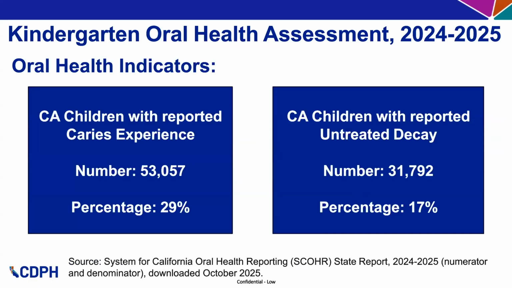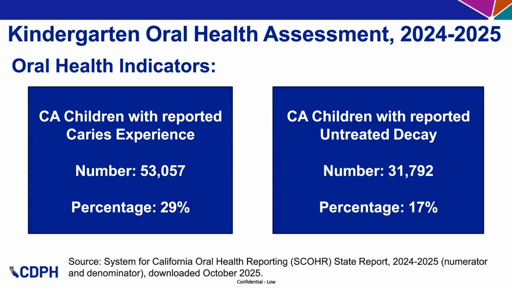Thank you very much. So this next slide again provides a snapshot of the most recently reported data focusing on the two oral health indicators among kindergarten children. And together it provides us a good insight into the oral health of the kindergartners.